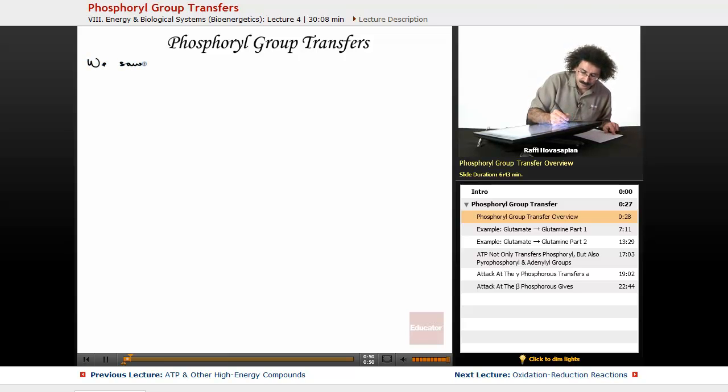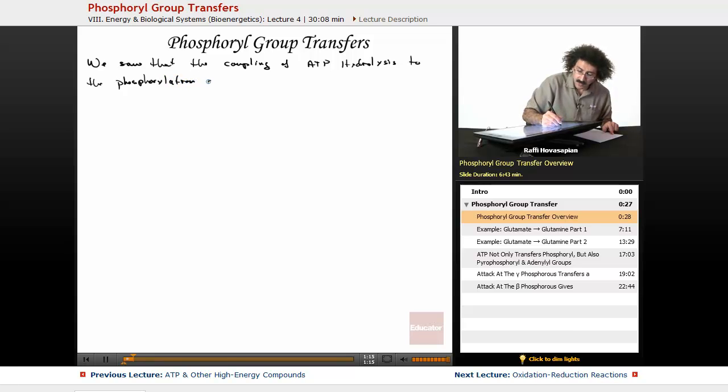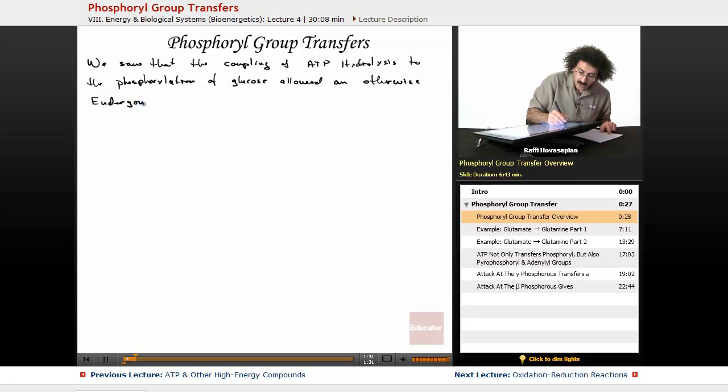So we saw that the coupling of ATP hydrolysis to the phosphorylation of glucose allowed an otherwise endergonic reaction, an endergonic phosphorylation, because that's what's happening, to proceed exergonically.